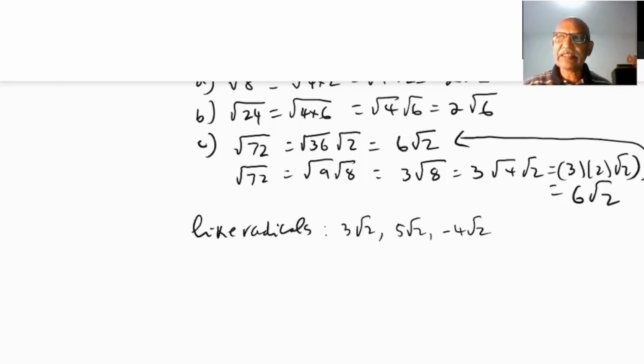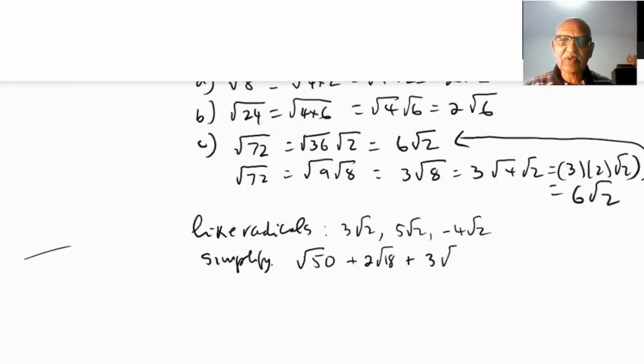Okay, let's simplify: square root of 50 plus 2 square root of 18 plus 3 square root of 32. I have to simplify these entire radicals here.